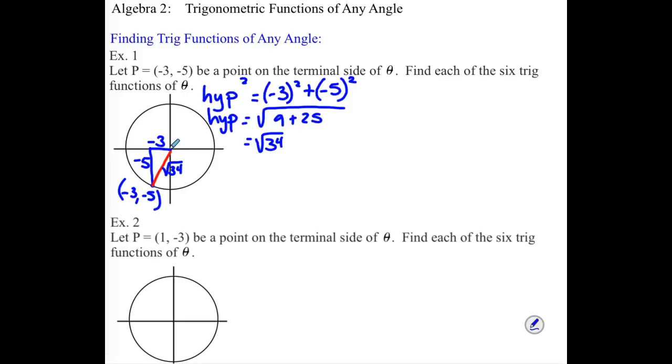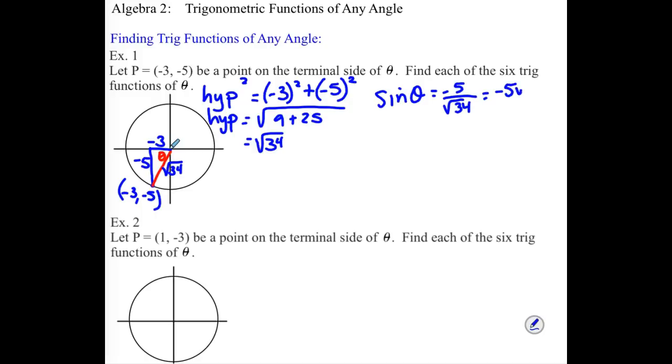To find the sine, we'll start with the sine of our angle. And our angle is always going to be the one created by that hypotenuse moving towards the origin there. So the sine of theta would be the opposite side over hypotenuse. So -5 over the square root of 34.